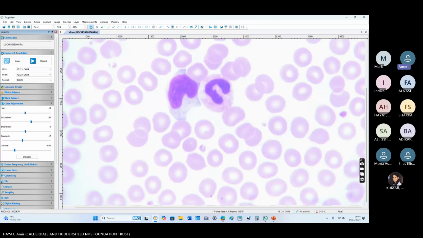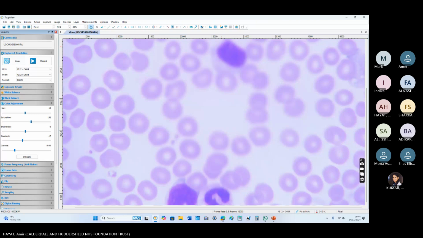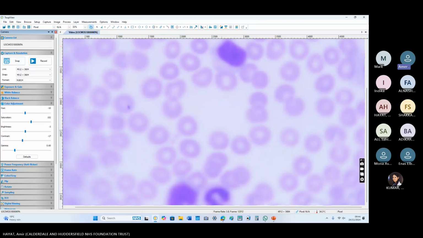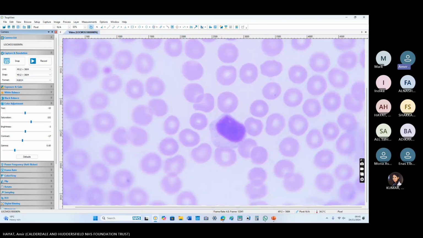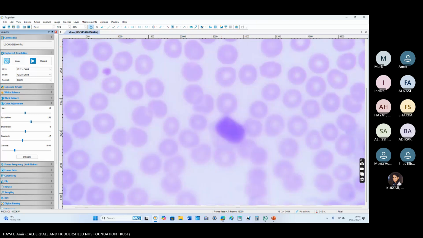The cells are very small lymphocytes. Usually the size is just like the red cell, and they are quite many. CLL counts are always about 20, and extreme cases are 300, 400 as well.